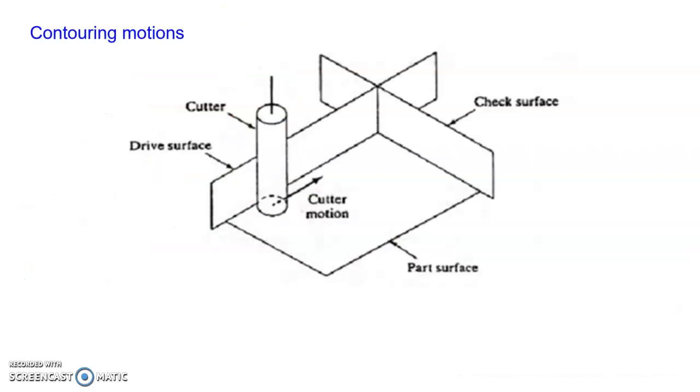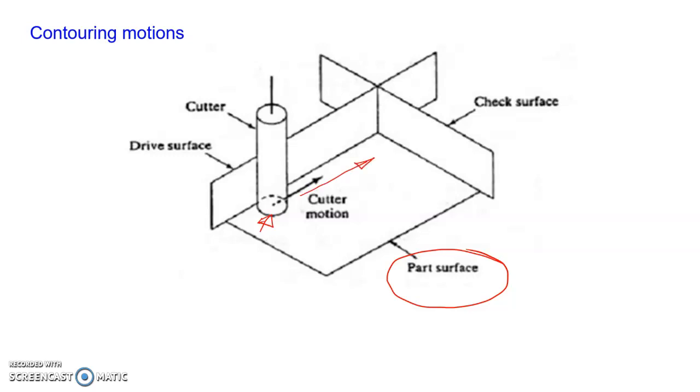We can also define these contouring motions with respect to the surfaces. There are three surfaces associated with the movement of the cutter. One is the part surface, which is the surface guiding the end of the tool; through this surface, the end or edge of the tool is moving.